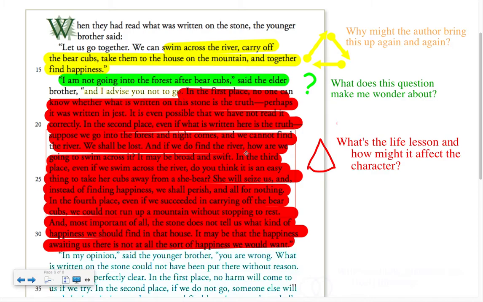We're not going to follow the prophecy on the stone, because maybe at the end of it is a version of happiness we don't want. And also, all the steps we have to take, who says we're going to even be able to accomplish them? It may be that we fail and then we did it all for nothing. So perhaps the happiness that the younger brother wants to chase isn't the kind of happiness people want.